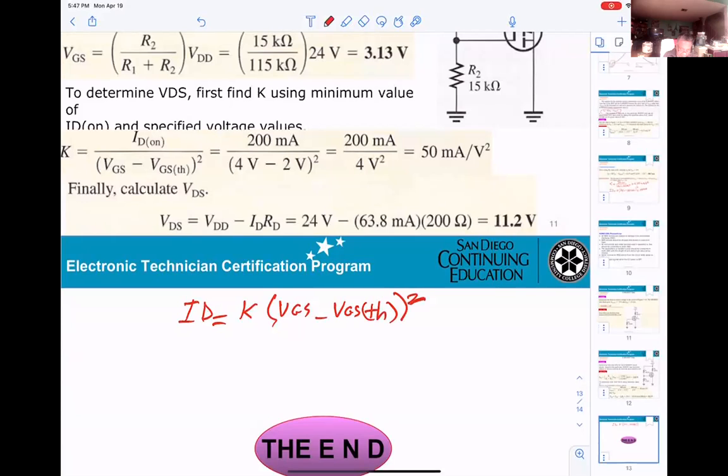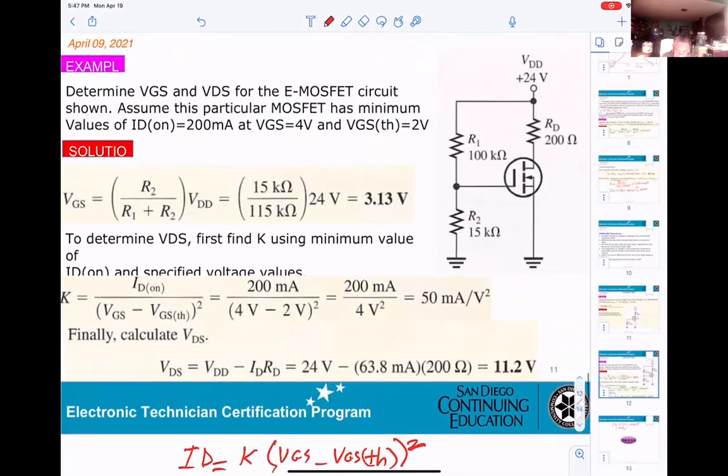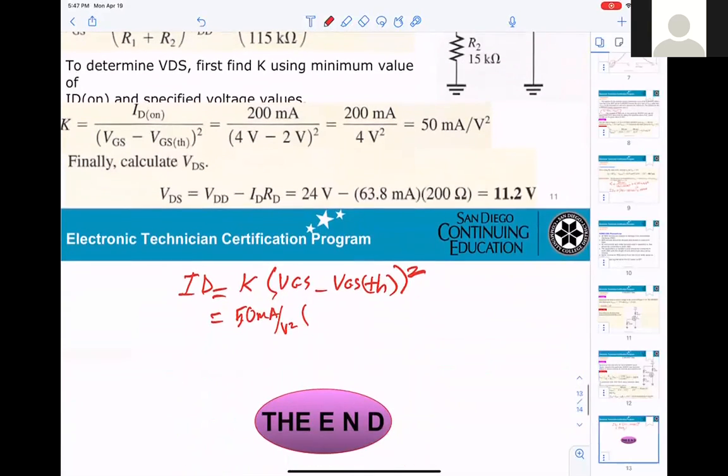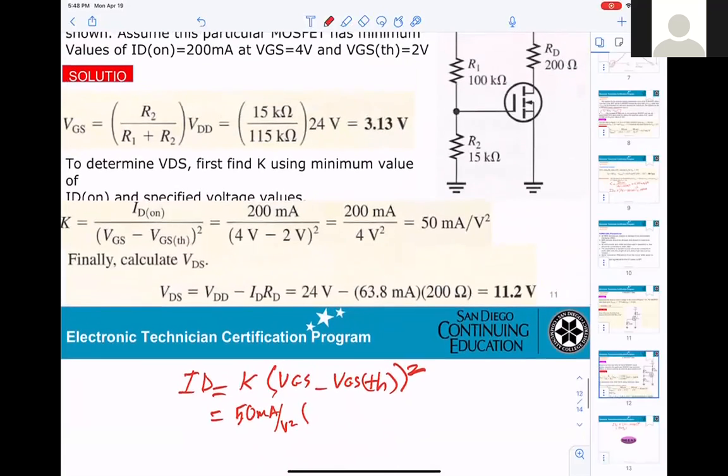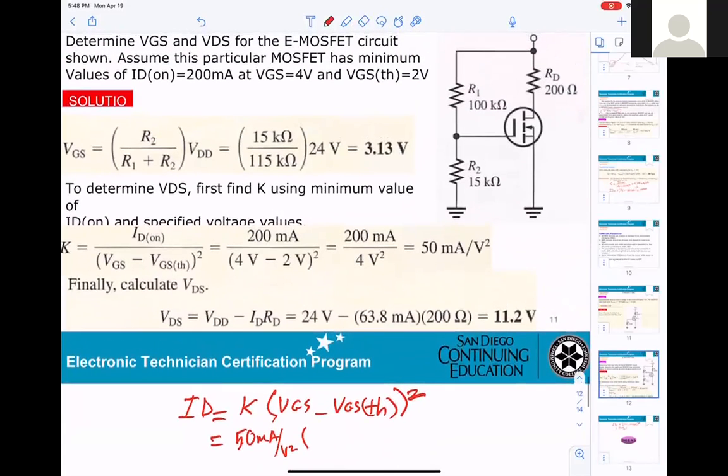So K, we already calculated, 50 milliamp per V squared, times VGS. VGS equals what? 3.13.